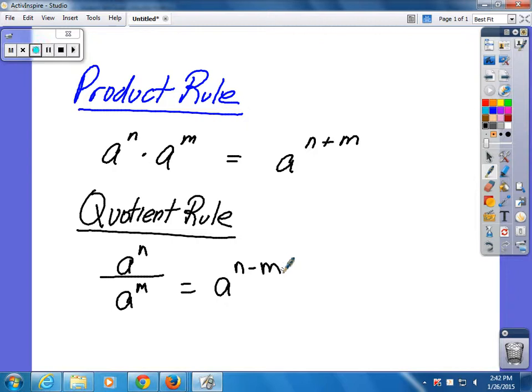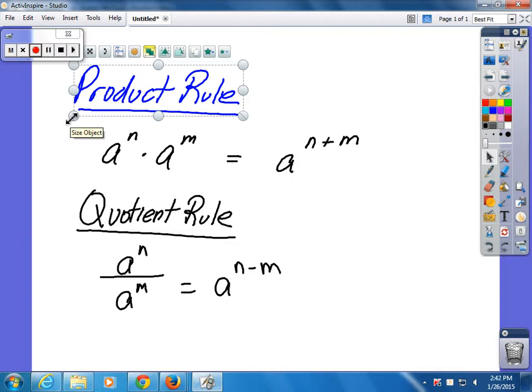So you've got the quotient rule and the product rule. Very basic rules, and they're also basic for the logarithmic rules that we're going to get into. So you've got those two rules, number 1 and number 2.